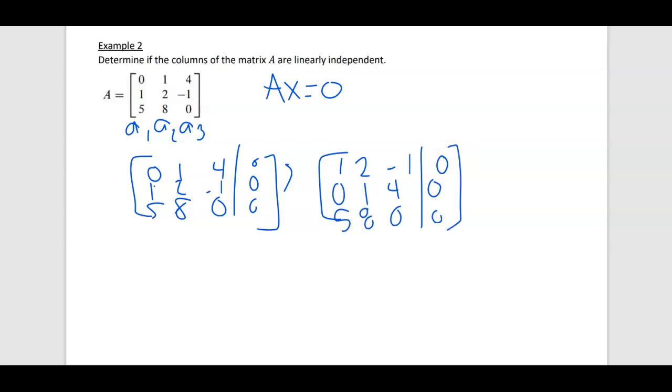Okay, -5 row 1 plus row 3 is what I'm going to put into row 3. Sorry, I can't write and talk at the same time. So that gives me 0, -5, -10, so -2, 5, and 0.